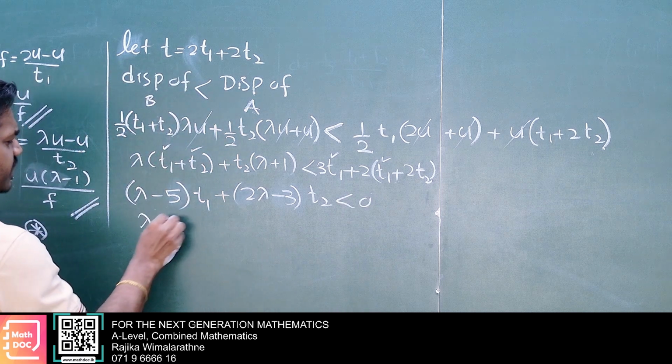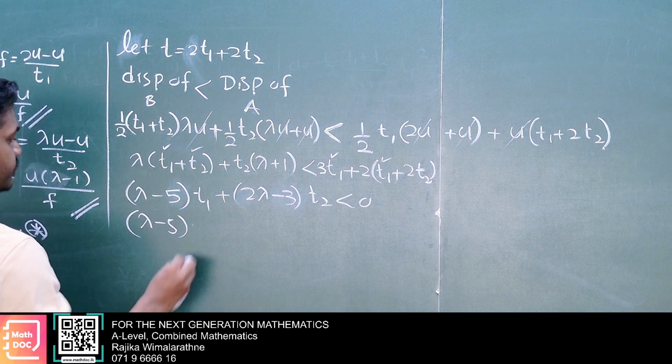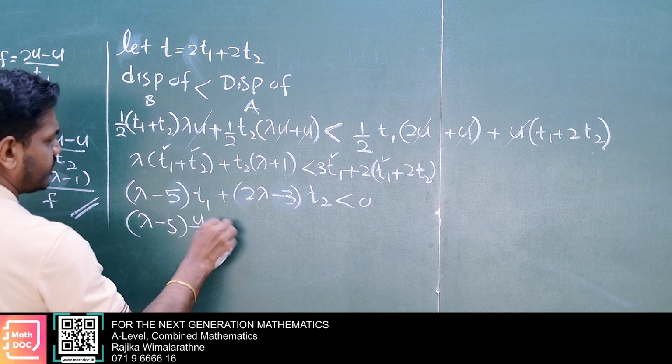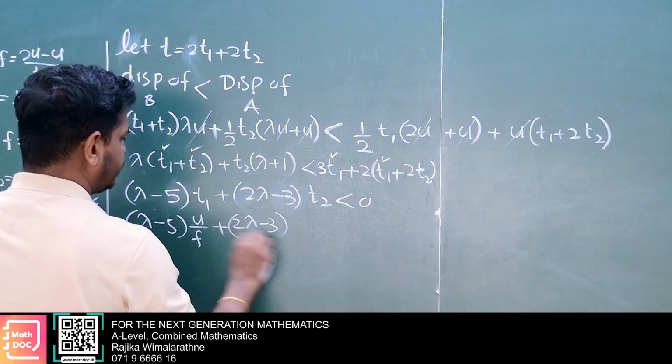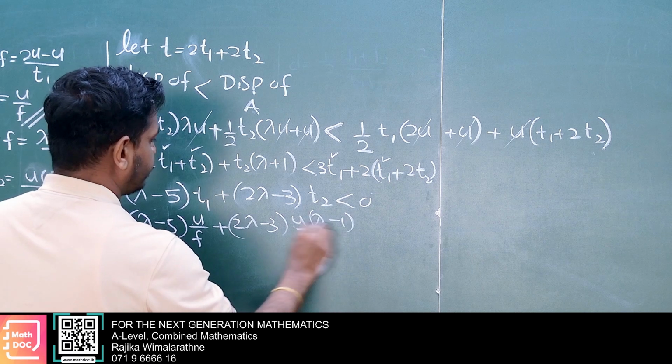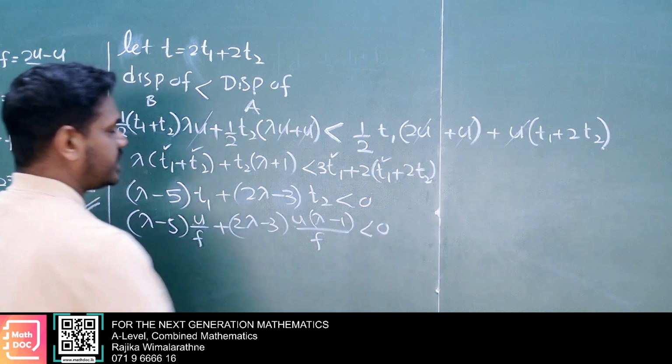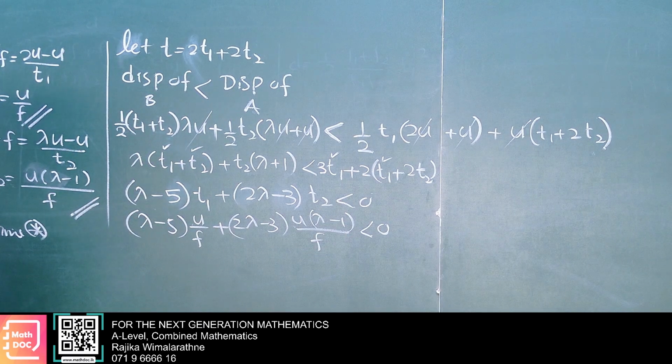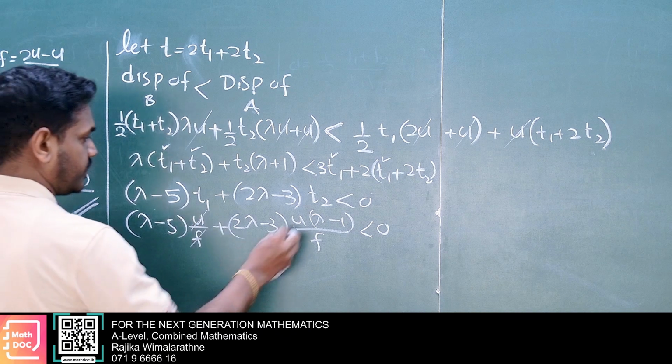Now lambda minus 5 T1 plus 2 lambda minus 3 T2 ... less than 0.